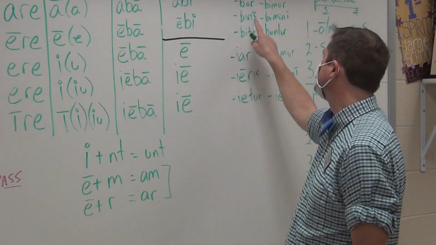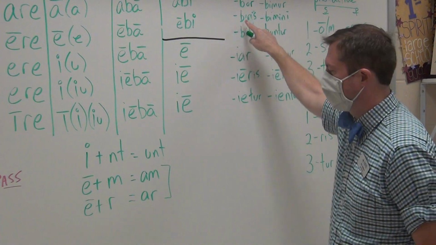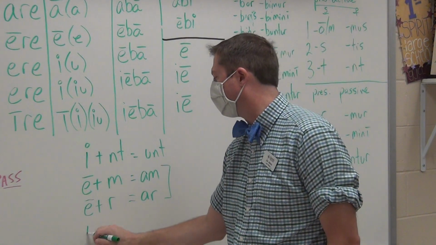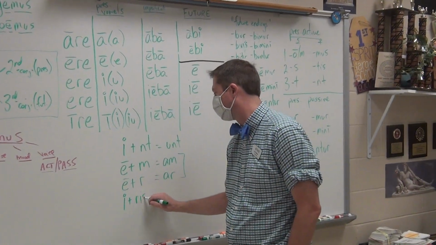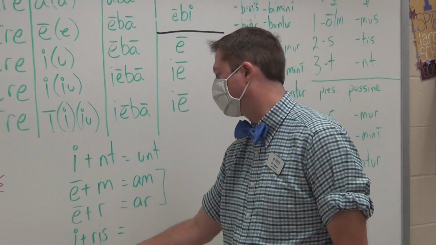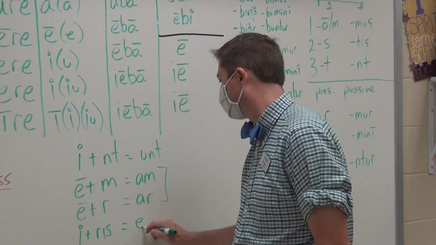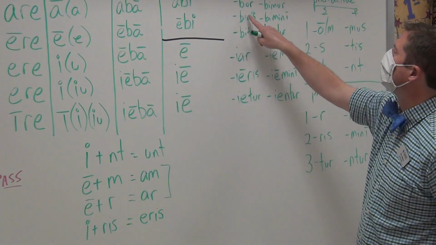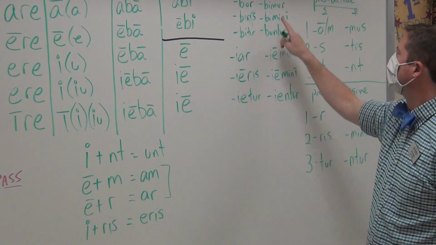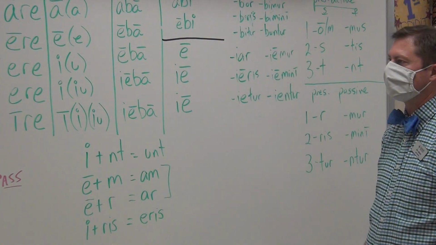And then finally, here we saw something in which, if ever you have a short I plus the ending ris, that short I will turn into a short E, and it will become eris. That's why it's bor, beris, bitur, bimur, bimini, and then buntur.